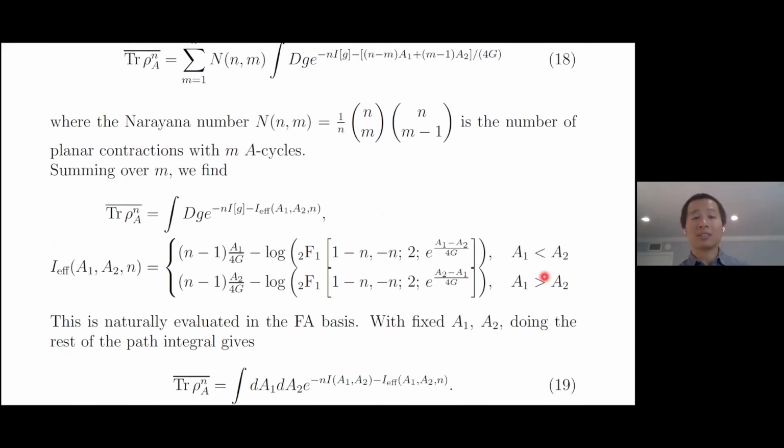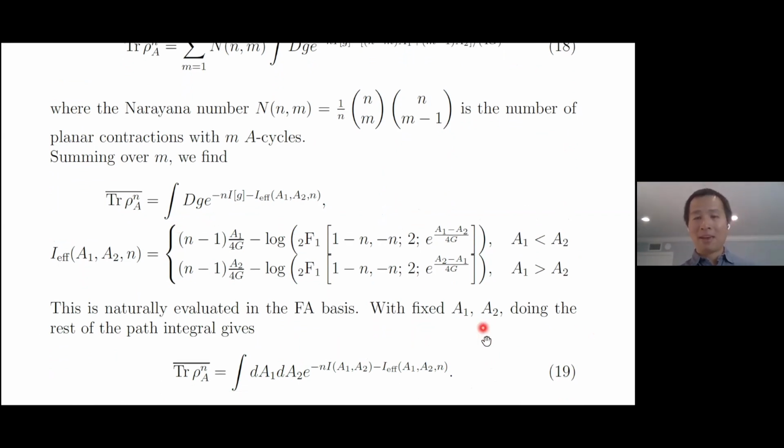This is something that is very natural to evaluate in a fixed area basis, because the total path integral can be done by first fixing A1, A2, and doing the rest of the path integral, giving something like this, where the saddle contribution for the fixed area state goes into the action I of A1, A2.